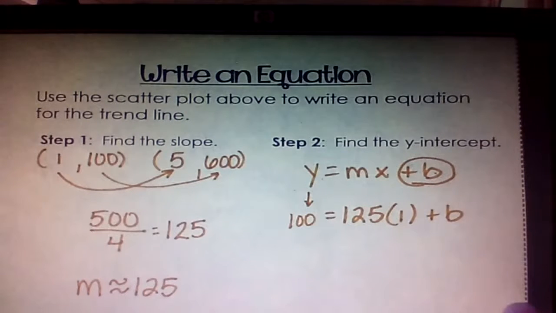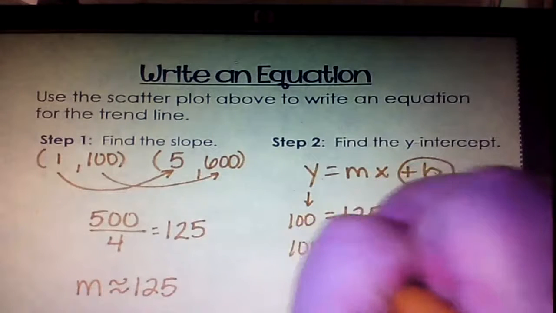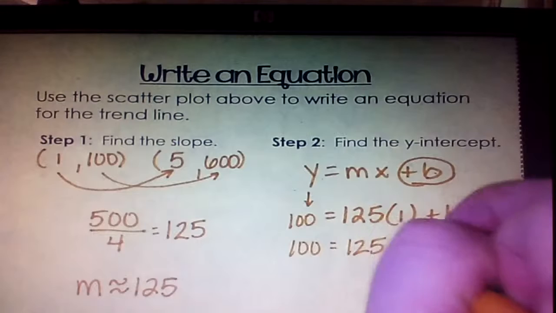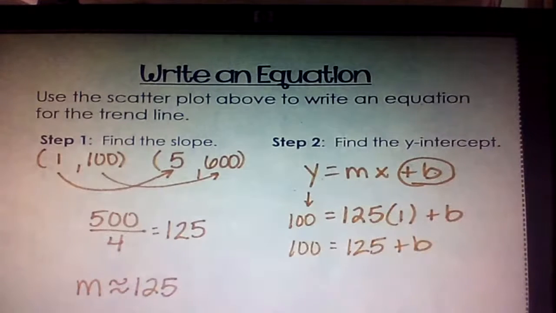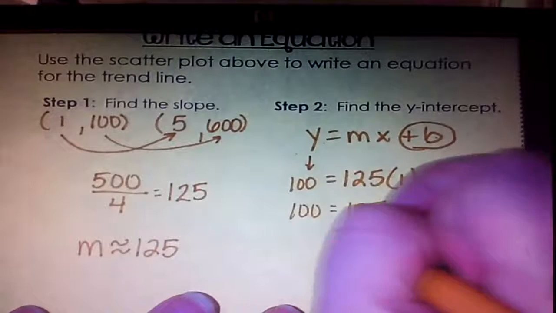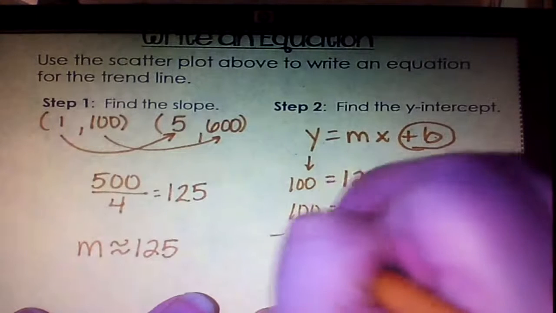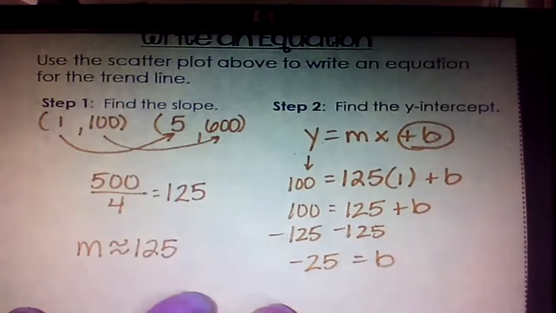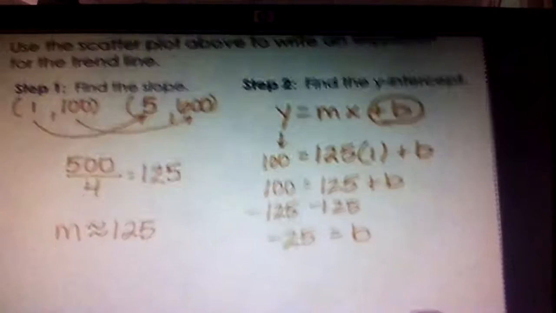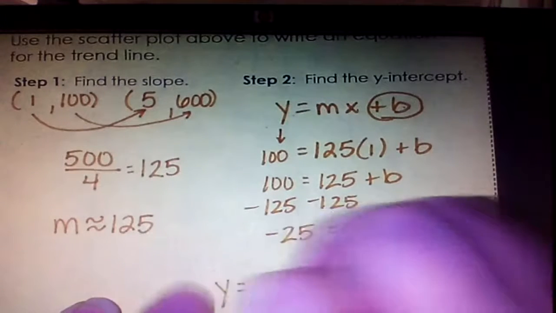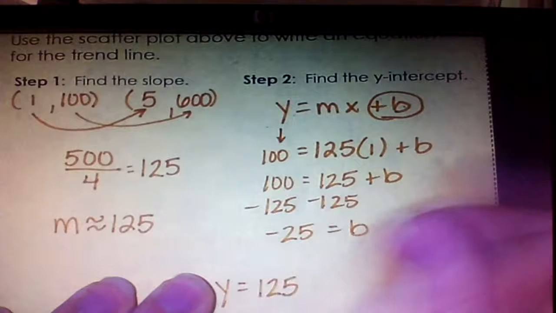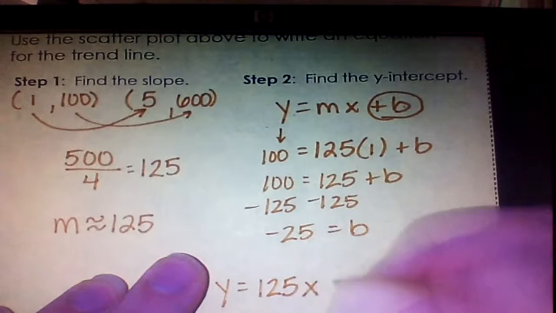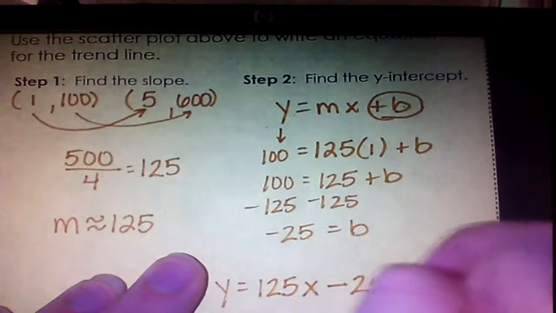Now I can find b. Because this is now 100 equals 125 plus b, because 125 times 1. Subtract 125 from both sides. So negative 25 equals b. So your final equation then, according to my line of best fit, is y equals 125x minus 25.